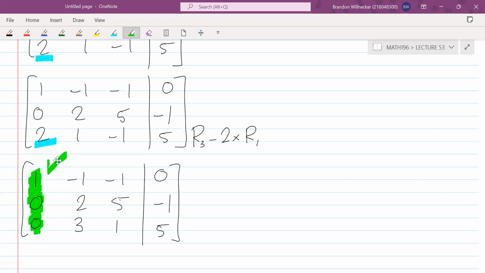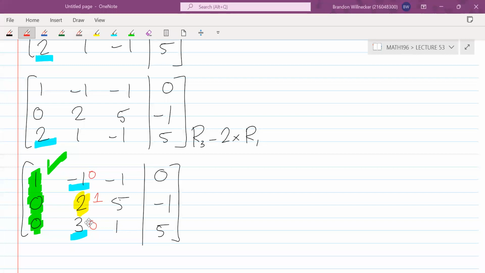Okay, now we look at the second column. That middle entry 2, we need that to be a 1. The number above and the number below, we need those to be zeros. Okay, that's the next step. So what can we do in this case? Now, we could take row 2 and divide it by 2, but then we're going to be working with fractions.